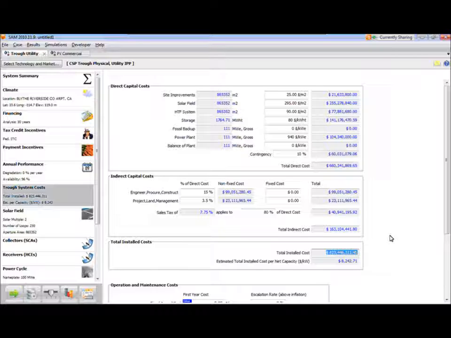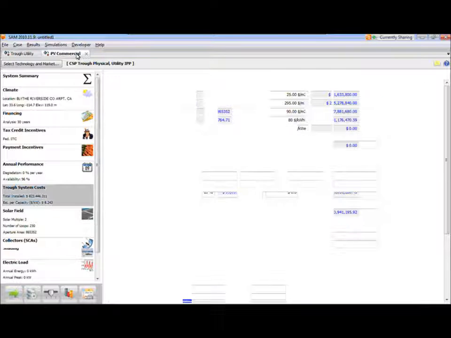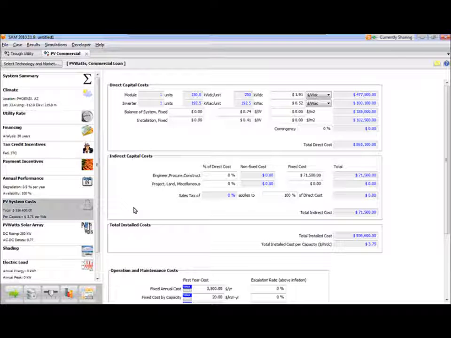So the cost values for the Trough model are based on this study that you can read about. So the quality of these default values for the Trough model is, I would say, a little higher than for the PV model, where the default values are just very rough estimates that are not based on any rigorous study.